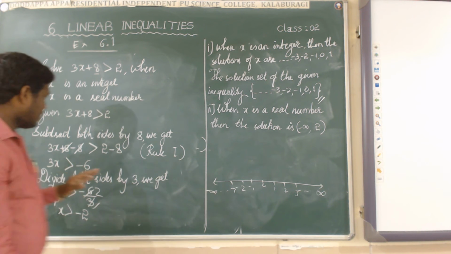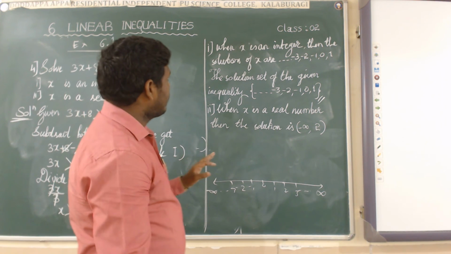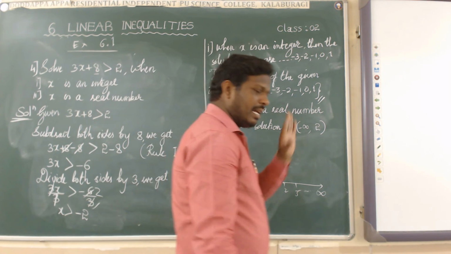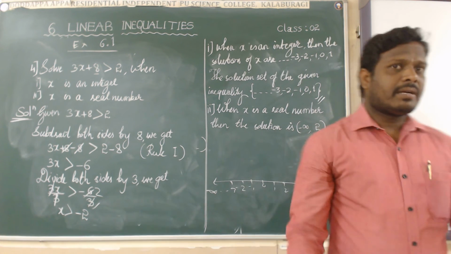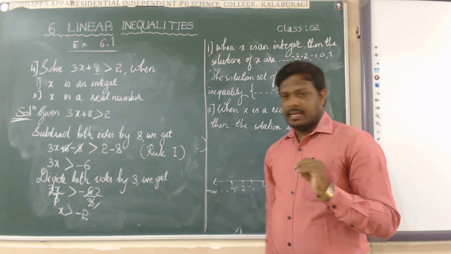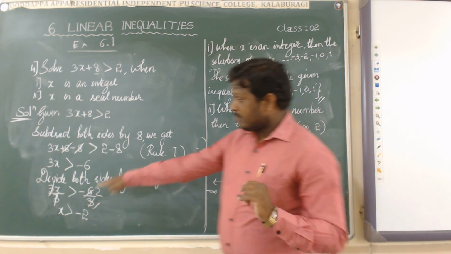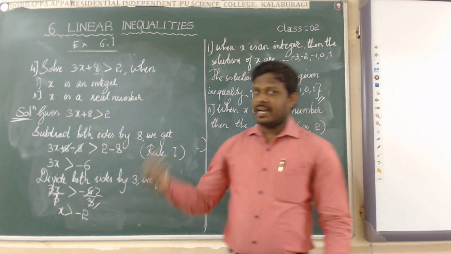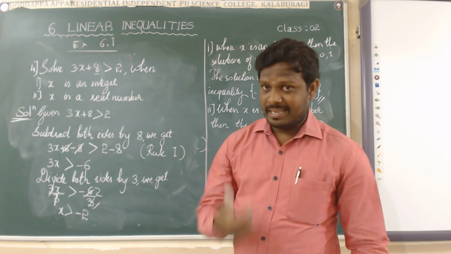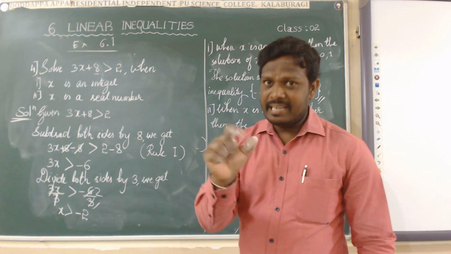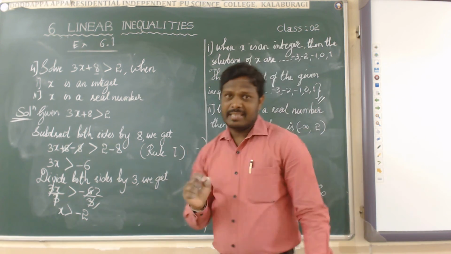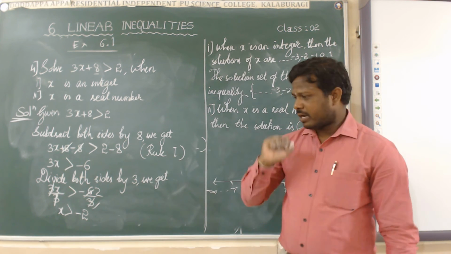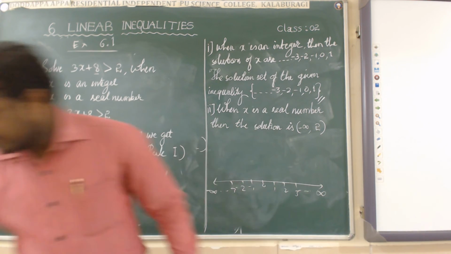As in the previous slide, but there plus 2 came and here minus 2 came. Then how to write the values of x when x is an integer and when x is a real number? Let me explain it.